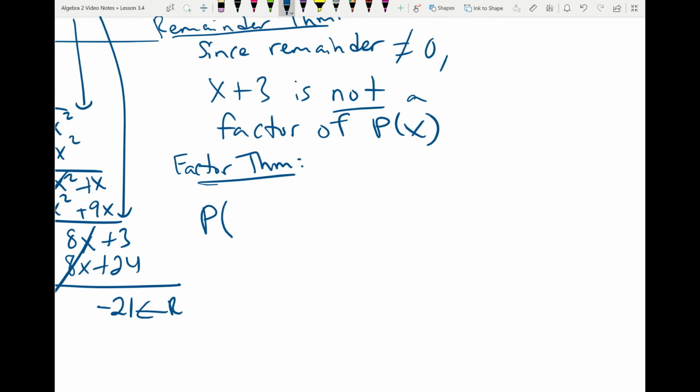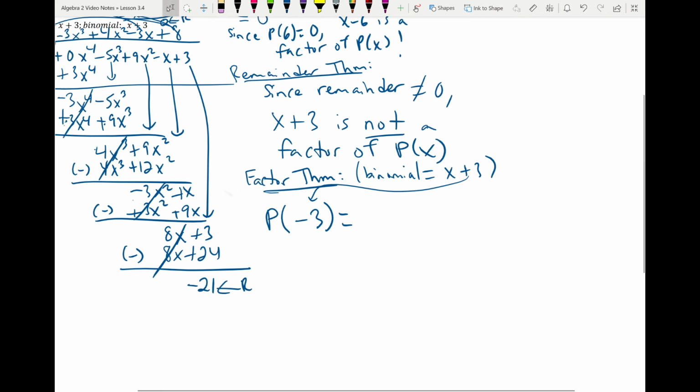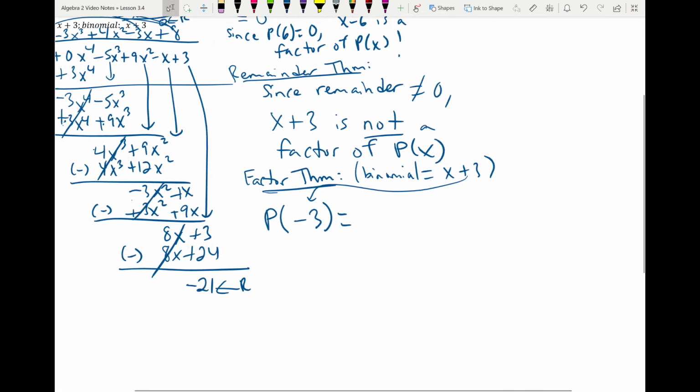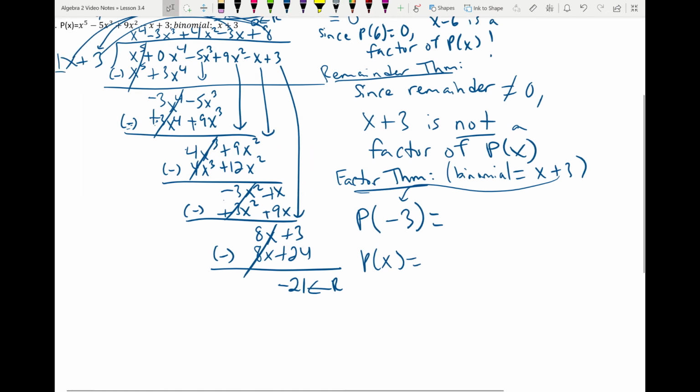Our binomial is equal to x plus 3, which means that we're going to plug in negative 3 into the original polynomial. So you always switch the sign. So plug in negative 3 into the original polynomial. And I'll write down the original polynomial just so that we have it for reference.